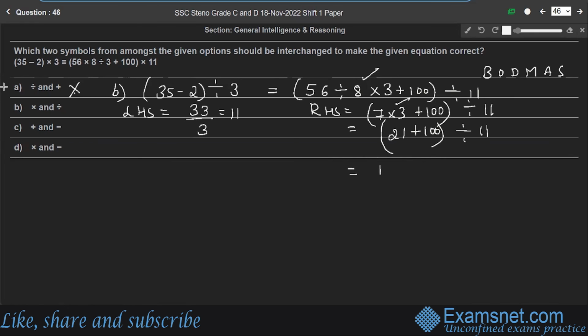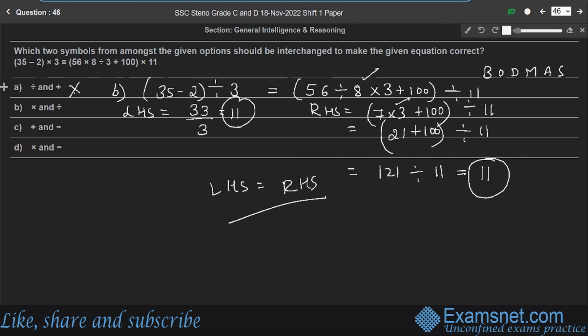So now 121 by 11 is nothing but 11 into 11 is 121. Therefore, we have LHS is equal to RHS. Left hand side is equal to right hand side. Therefore, interchanging into and division signs will make the equation correct, right? Therefore, option B is the right answer.